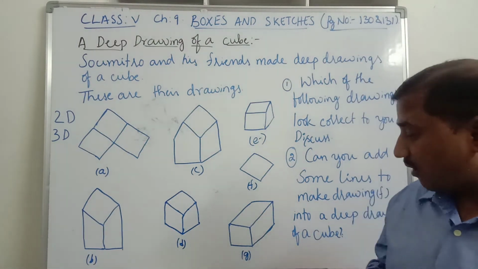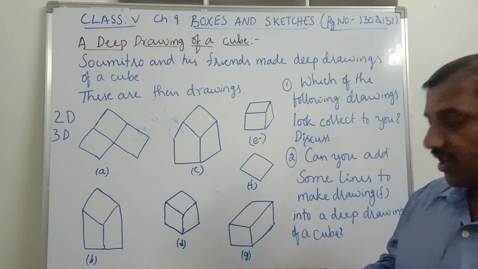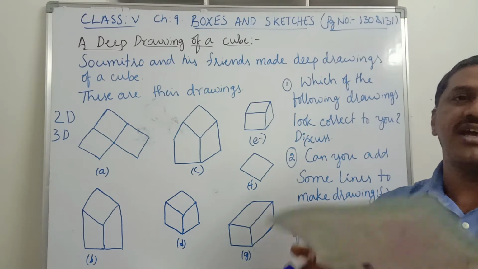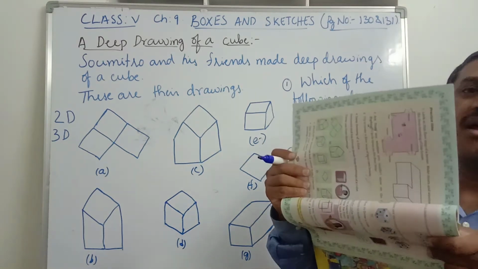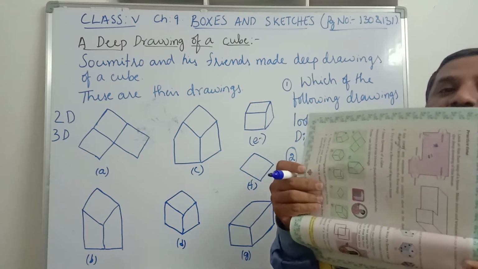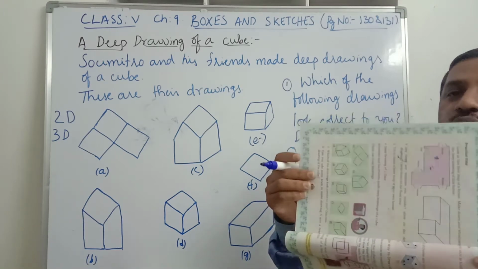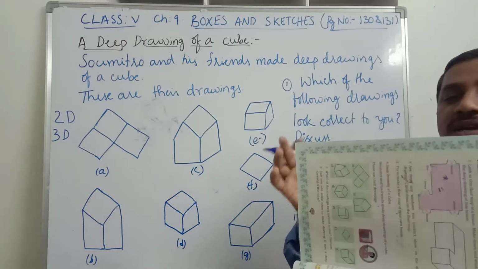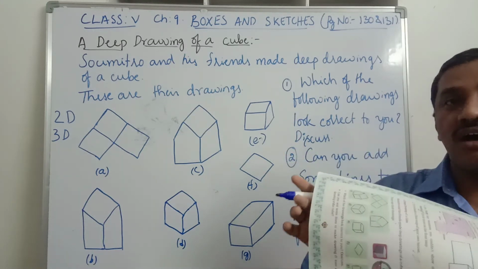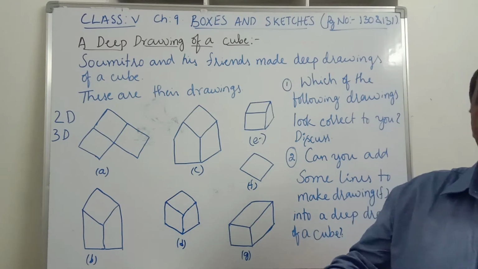Two dimensions means what? If you see a paper of your textbook, what is the shape of the paper? It is plain in shape. That is, it is a two-dimensional figure. It has only two dimensions. What are the two dimensions? This is the length of the paper and this is the width or the breadth of the paper.